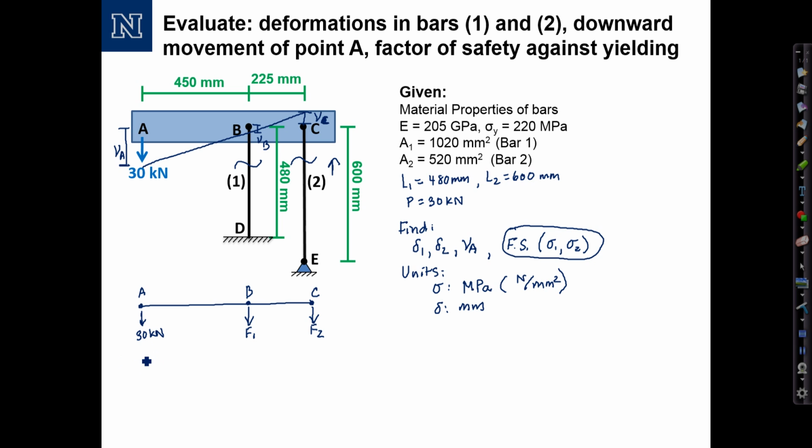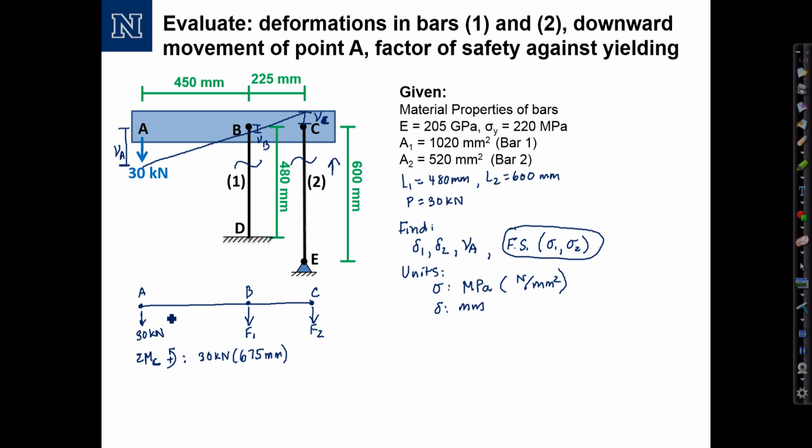Okay, so first, let's evaluate F1 and F2. Let's start with a moment equation about C to solve directly for F1. So the moments about C, taking counterclockwise to be positive. We have 30 kilonewtons times the total length of the beam, 450 plus 225 is 675 millimeters.